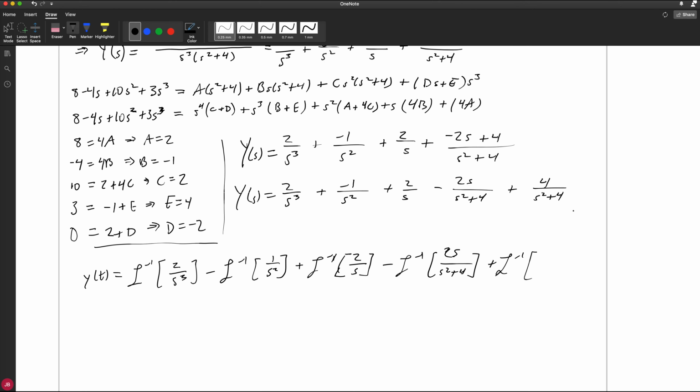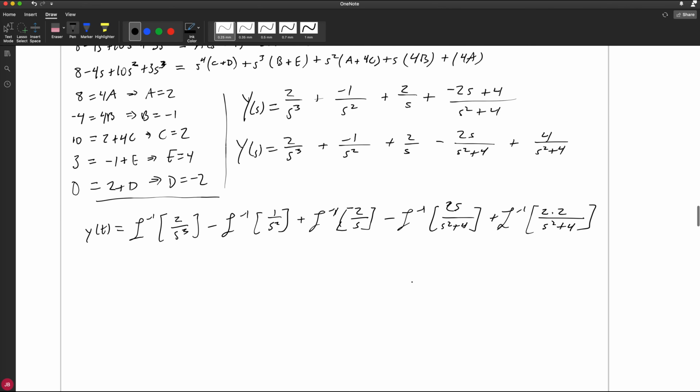And now here, what is our b or beta value? I think it's 2, right? Because what number squared gives you 4? Well, 2. And so that means I need a factor of 2 on top. Well, thankfully 4 is 2 times 2, right?